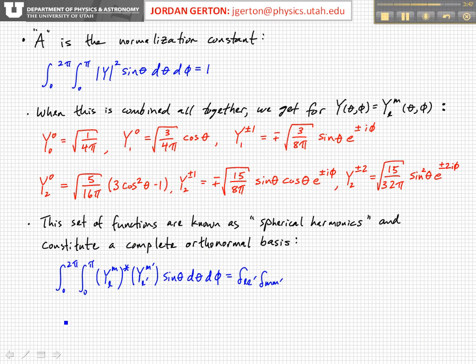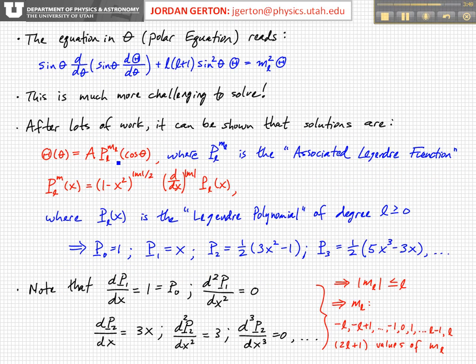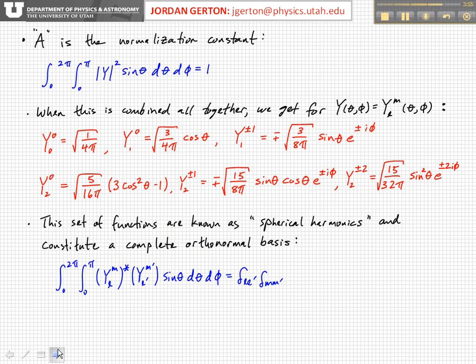So A here is just the typical normalization constant, and basically we're folding in the normalization constants from both the phi and theta directions into this constant A. So we want to integrate phi from 0 to 2 pi, integrate theta from 0 to pi, and now we combine big theta and big phi into Y again, and we square it, the absolute value squared.